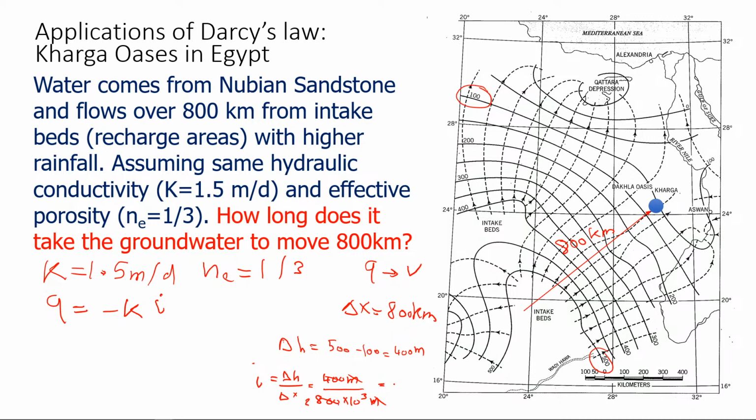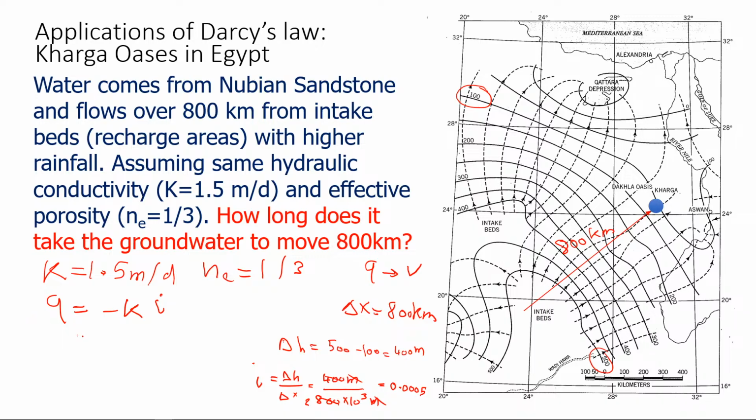Then I will get something like 0.00 and so on, 1 over something. So that's your I. And so your K.